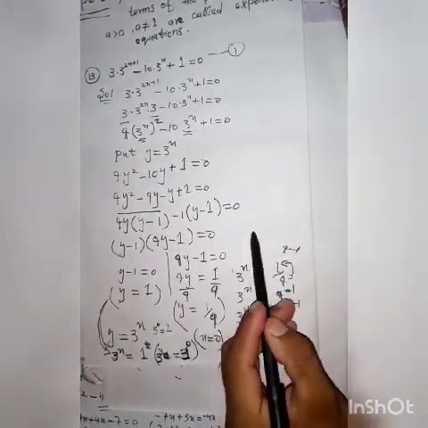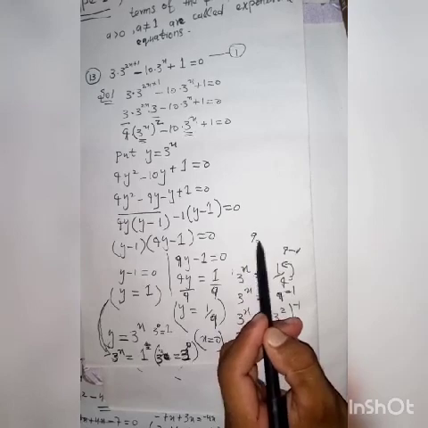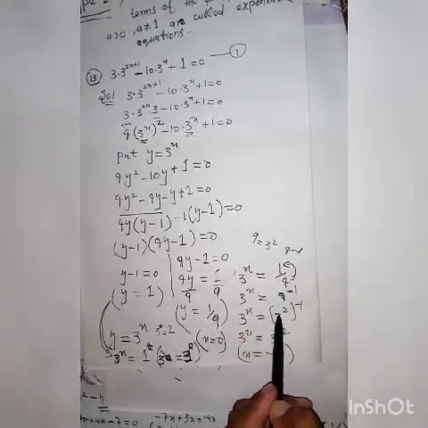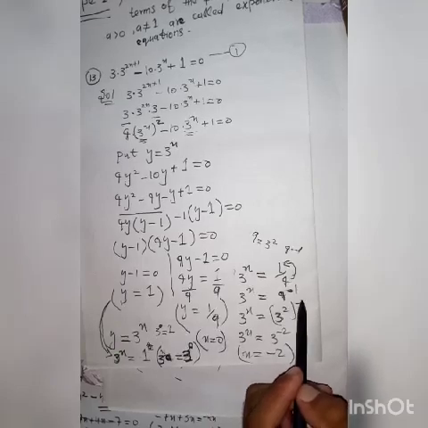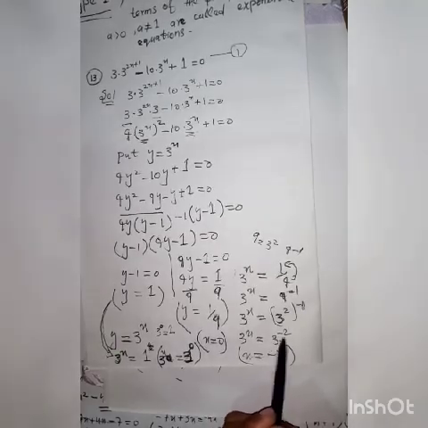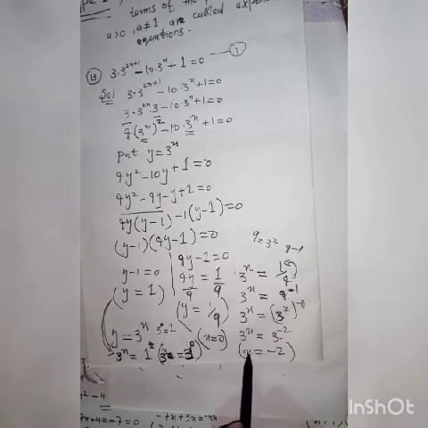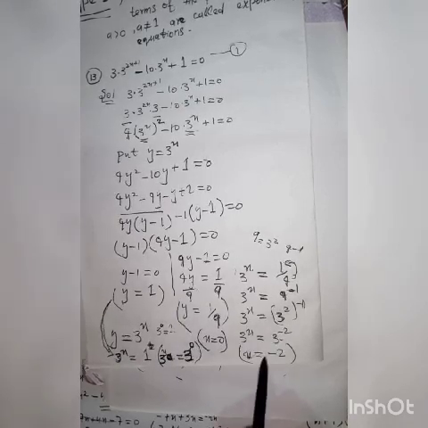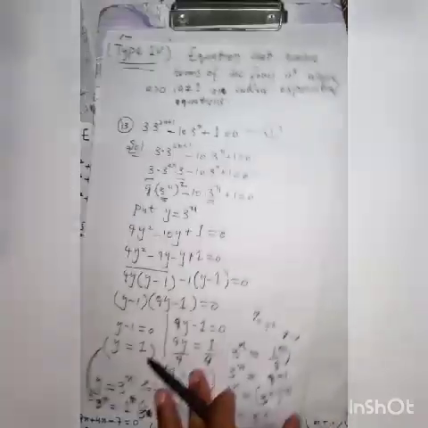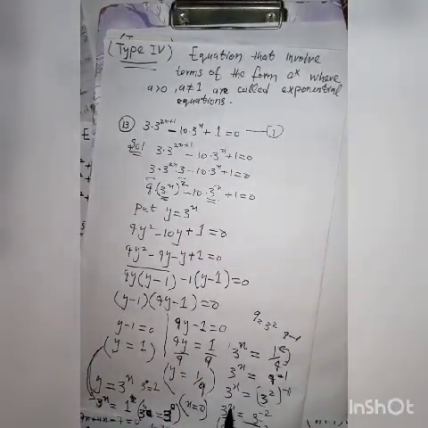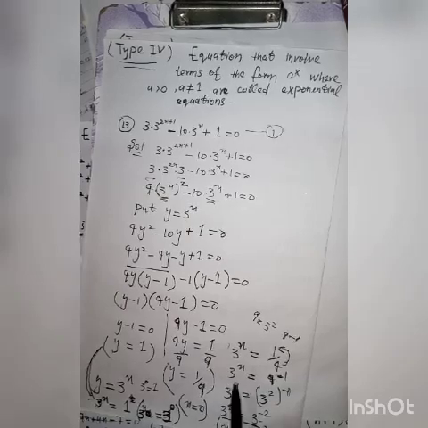We know that 9 is equal to 3^2, so we get 3^(2 times minus 1), which is 3^(minus 2). Because the base is the same, we get x is equal to minus 2.